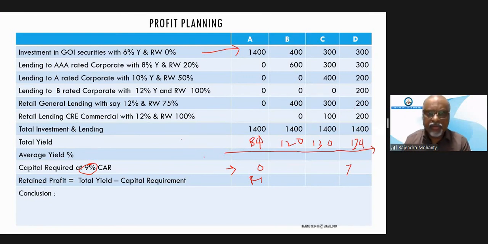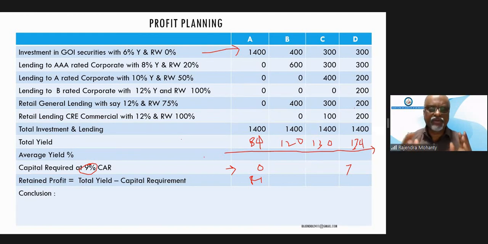So the main concept is that you have to enter into other businesses like increasing your non-interest incomes or fee-based income, which might take you to a better position to get better profit. This way the profit planning is done.